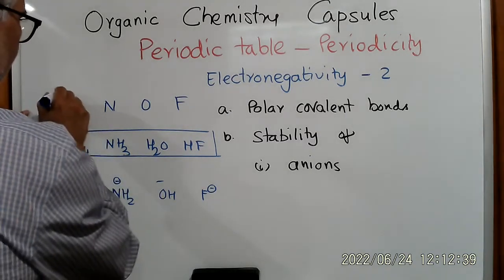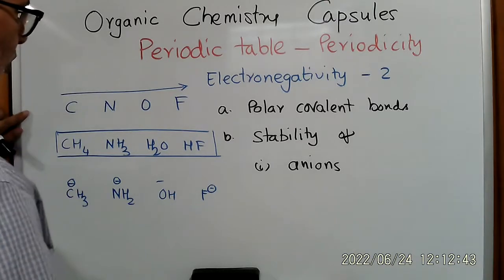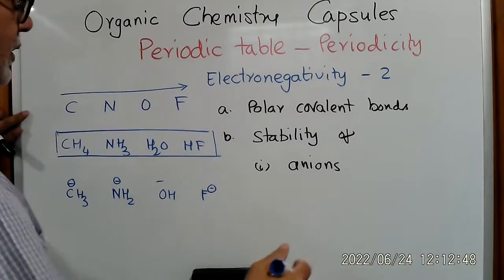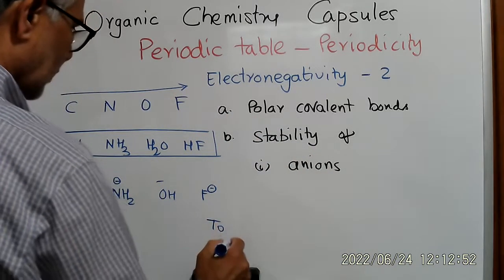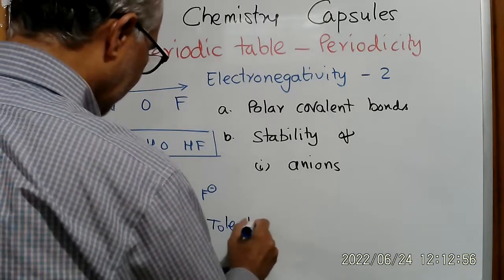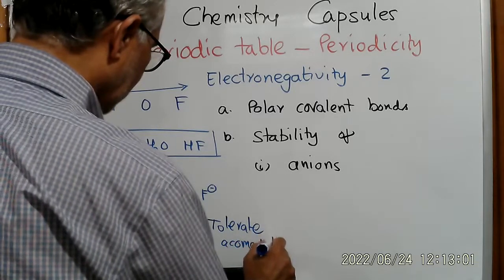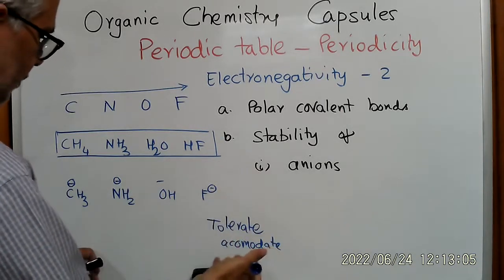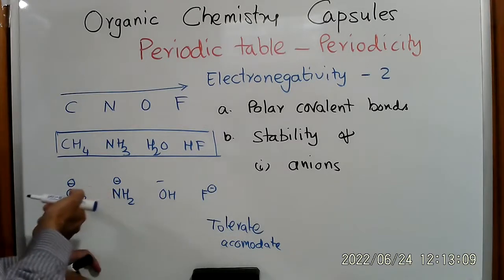Electronegativity increases this way. So fluorine has the highest electronegativity and it can accommodate that negative charge better than oxygen. Oxygen in turn can accommodate the negative charge better than nitrogen, and nitrogen better than carbon.